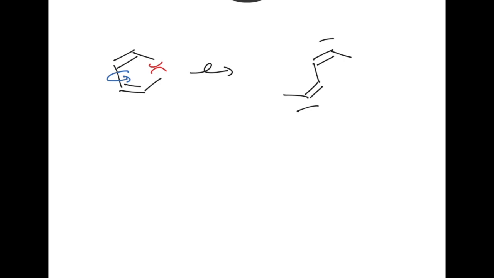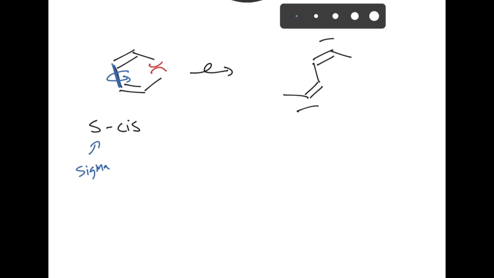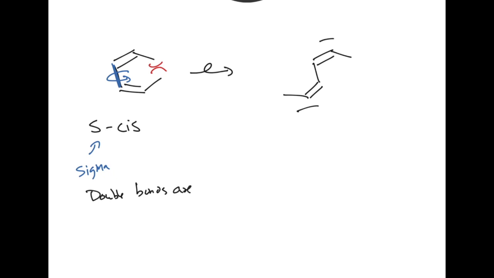This doesn't. So this is called the S-cis conformation, where the S stands for sigma, or single, you can think of it. What it's saying is that the double bonds are on the same side of the single bond.